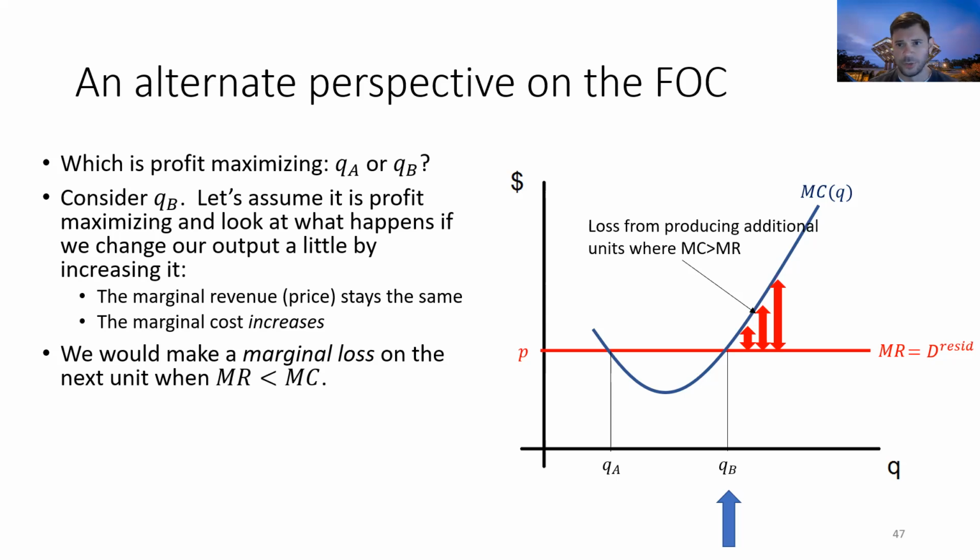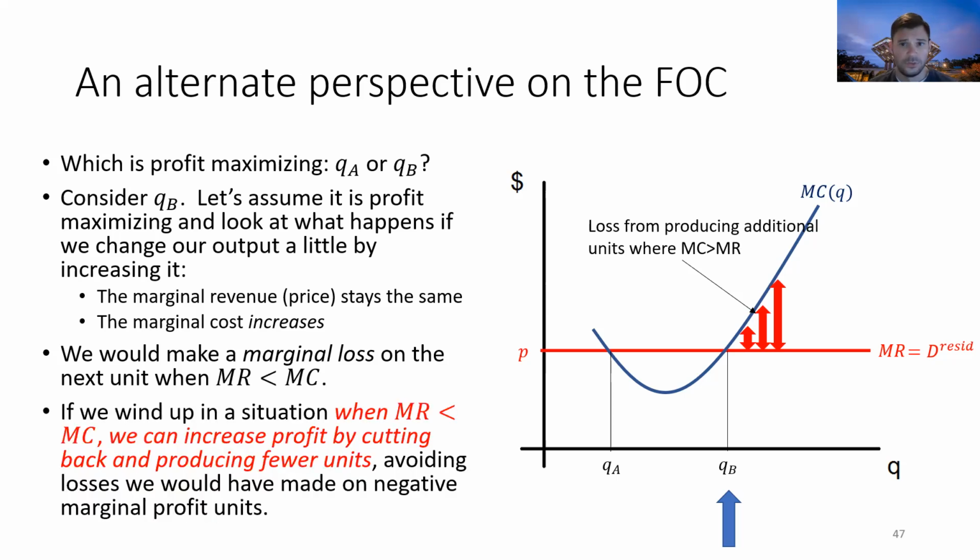So if you're ever in a situation where the marginal revenue is less than the marginal cost, we don't want to produce those units. We want to cut back. We're producing too much. So we argue that if we took a step to the left of QB, we miss out on some profit we could have captured. Our profit goes down. If we step to the right of QB, we start making extra losses on those units and our profit goes down.